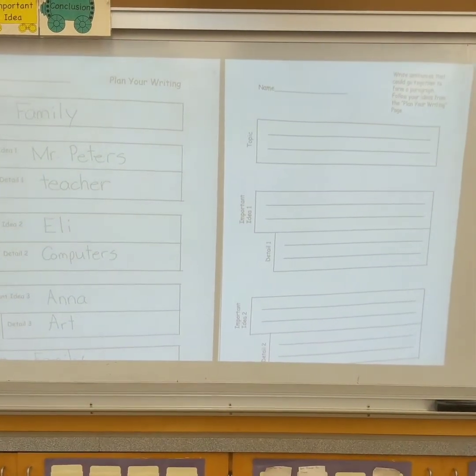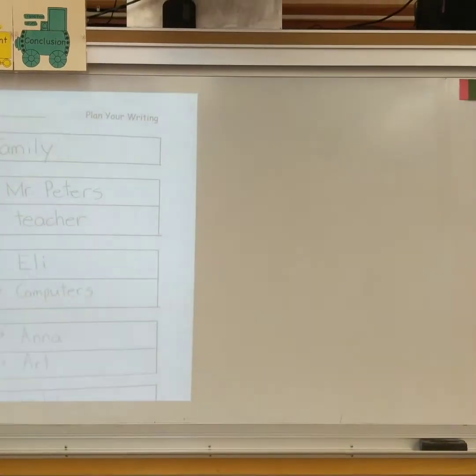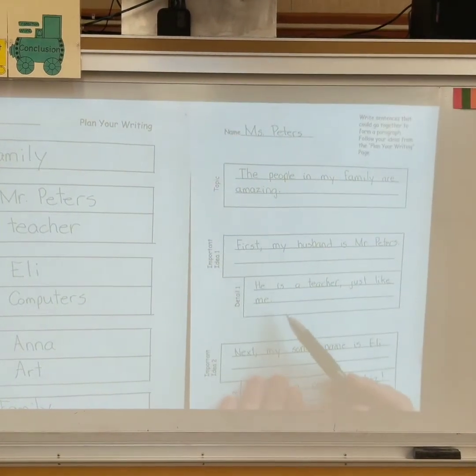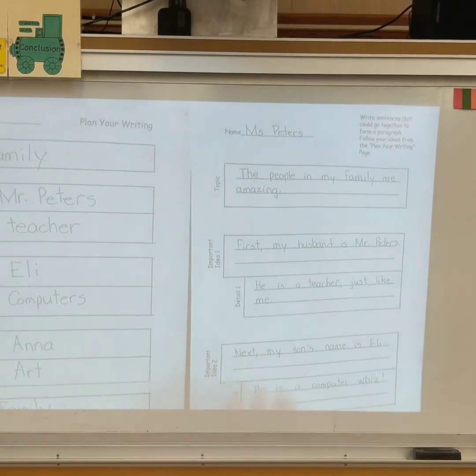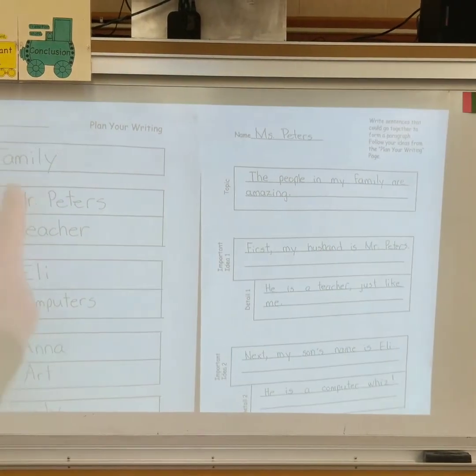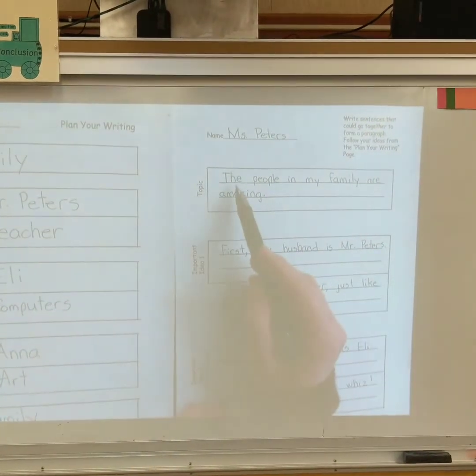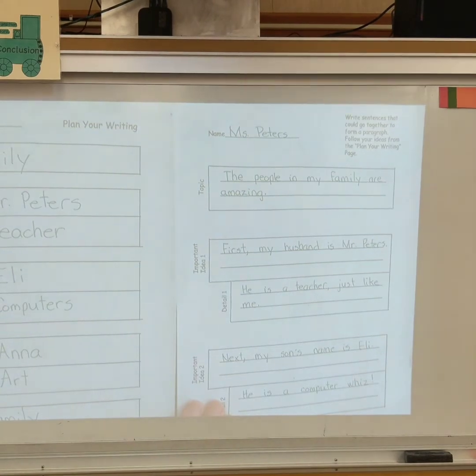So I have chosen to write the topic sentence, the people in my family are amazing. That sounds a lot more interesting than just saying family. So my topic sentence is, the people in my family are amazing.